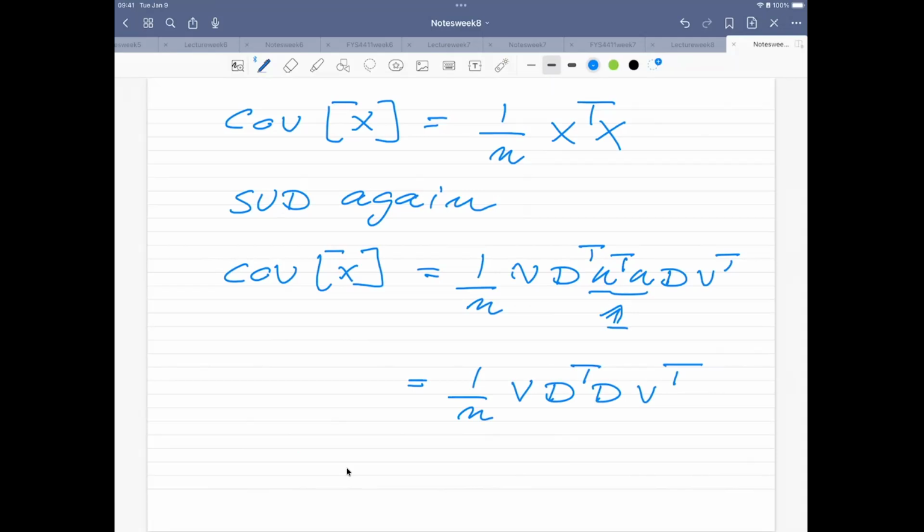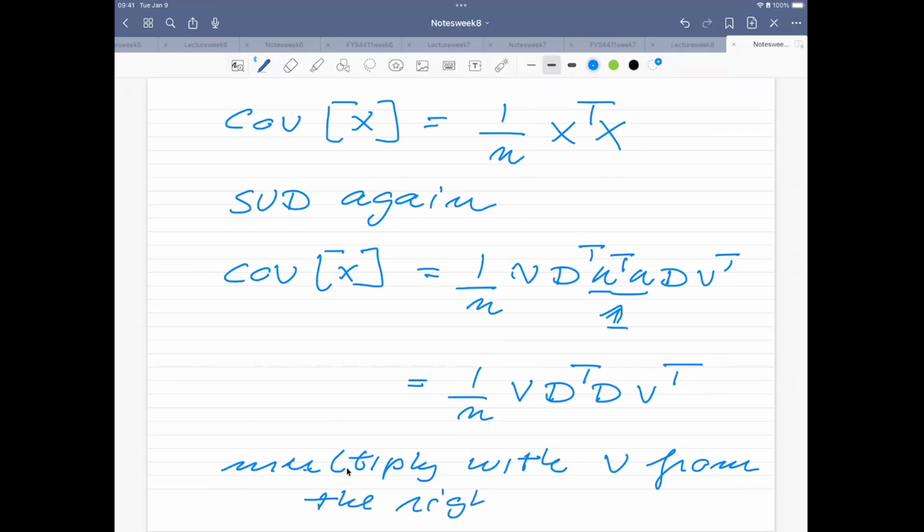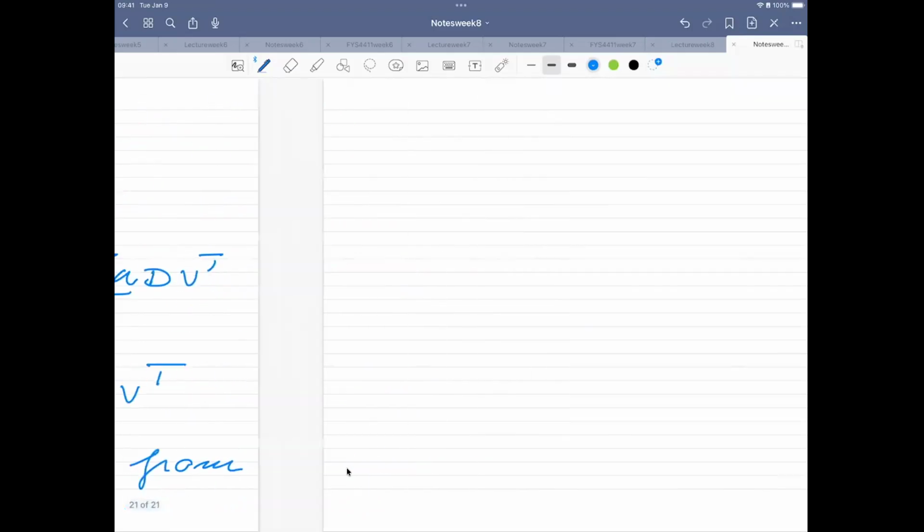So what I do next now, I multiply with the matrix V from the right. So what we get then is the following.